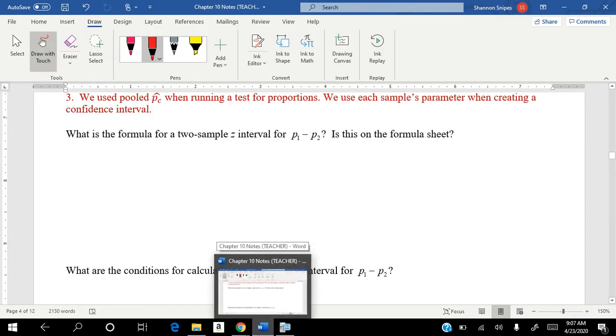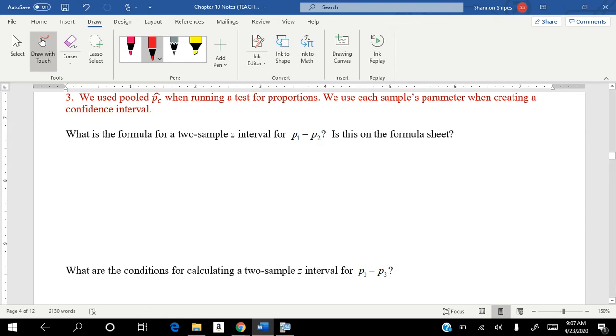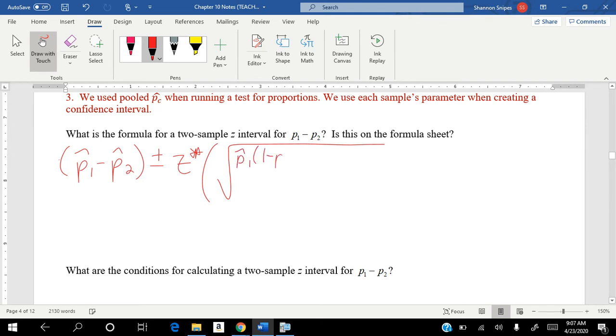So the statistic is p hat 1 minus p hat 2 plus or minus your critical value, so that's z star, times the square root of, remember this is your standard error, p hat 1 times 1 minus p hat 1 over n1 plus p hat 2 times 1 minus p hat 2 over n2.